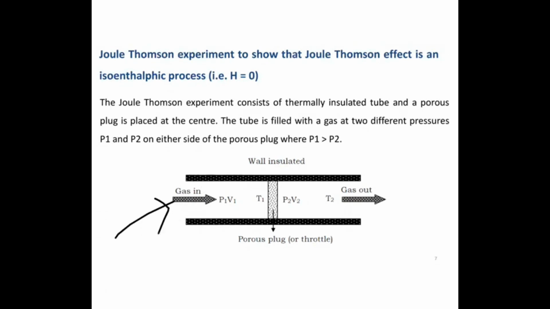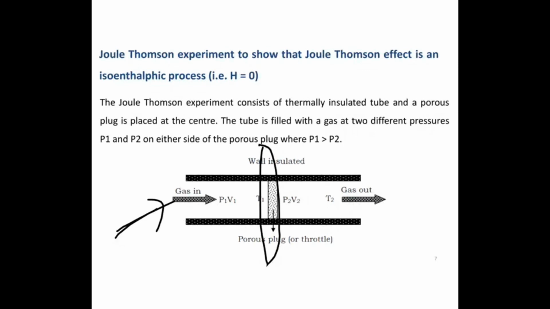The gas at the inlet has pressure P1 and volume V1. This is the porous plug, which allows the gas to pass from part A to part B at a certain rate. We insert it in between the wall.